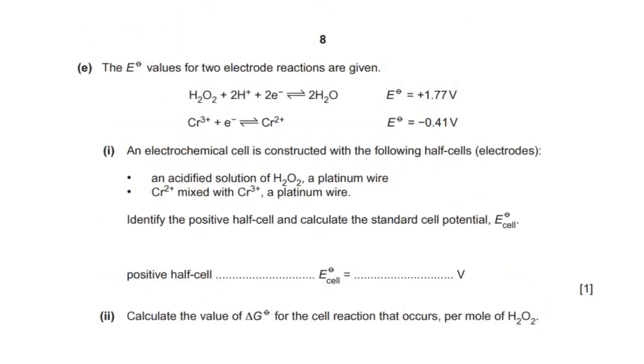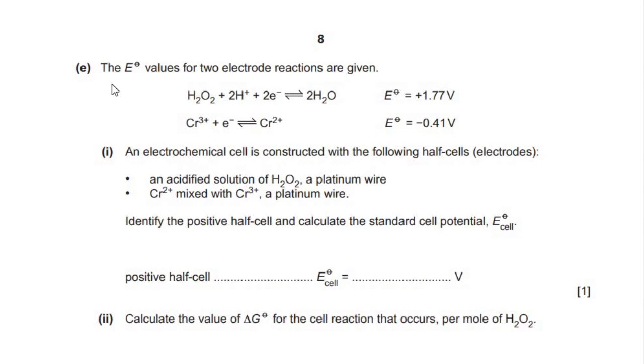Let's go ahead with the next sub question. Sub-question E says the electrode potential values for two electrode reactions are given here. The two electrode reactions are acidified hydrogen peroxide turning to water molecules, and Cr3 plus, chromium 3 plus, gaining an electron to be reduced to Cr2 plus. The electrode potential values are given as positive 1.77 volts and negative 0.41 volts for the two half equations.